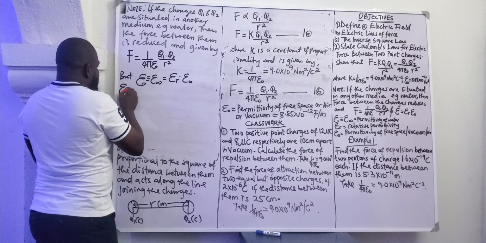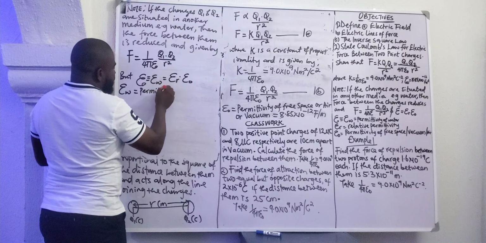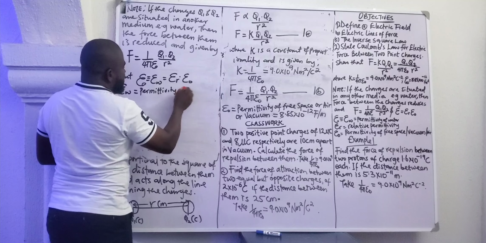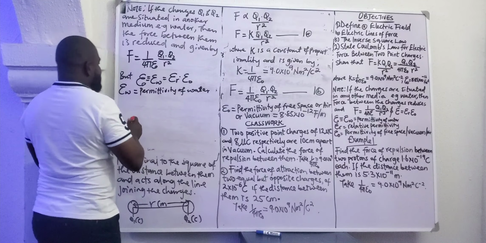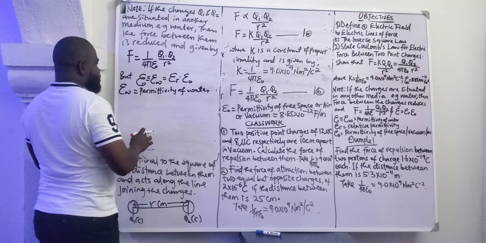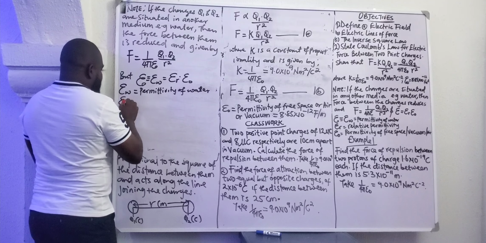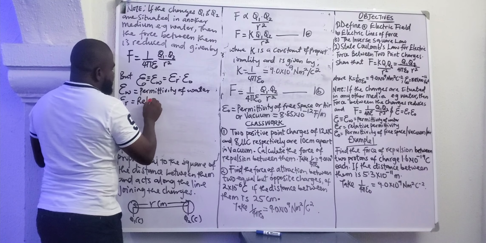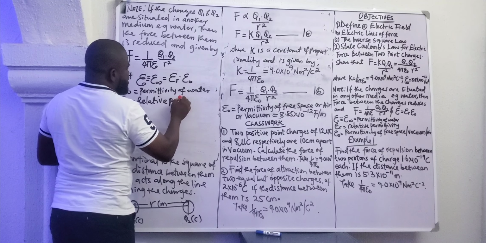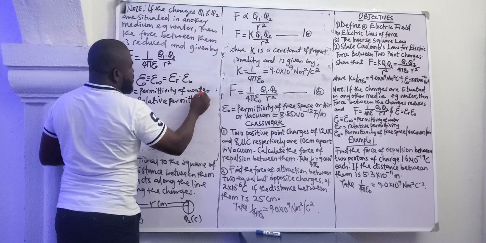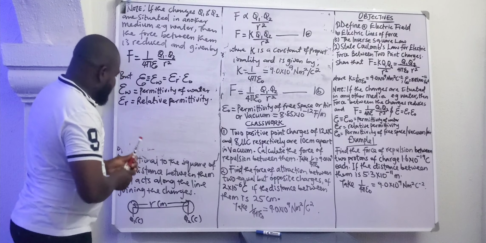So epsilon W is the permittivity of water, or of any other specified medium where the two charges are situated. It can be any other material. Then epsilon R is relative permittivity. We'll still come across the use of this later under capacitors.